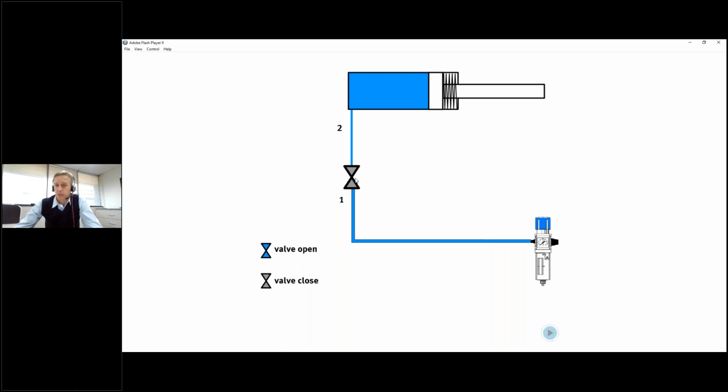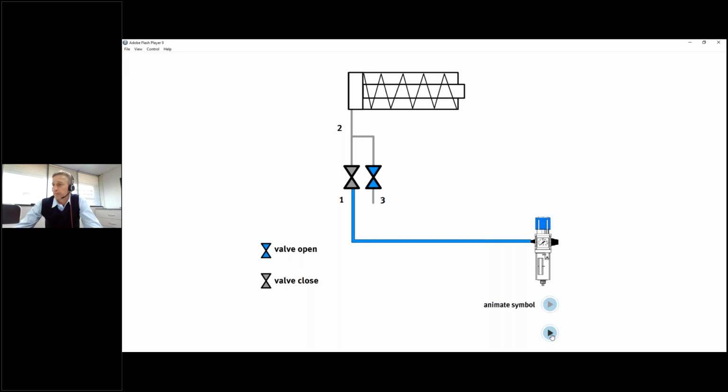You can see the valve is closed now, but the cylinder does not retract as the air is trapped between the cylinder and the valve. So to make the piston retract, we need to add an additional valve to be able to exhaust that trapped air to atmosphere. So if we open that valve, the air is exhausted to atmosphere and the cylinder is retracted.